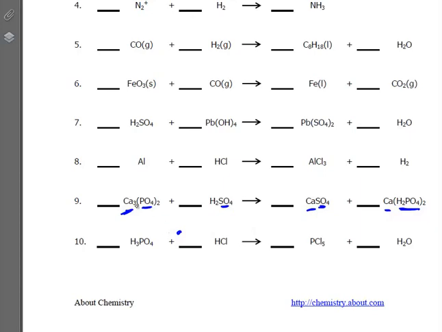There's 2 PO4s here, and then there's these two H's. So there's really four H's in this compound, so I'm going to try to put a 2 here. So that 2 times that 2 is 4. But that also changed my SO4s. I got 2 of those, so let's put 2 over here. And I also changed my calcium. So I have 3 calcium here, and I have 2 calcium here, but I also can't forget about this calcium.